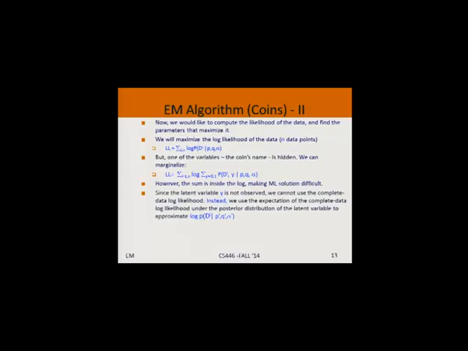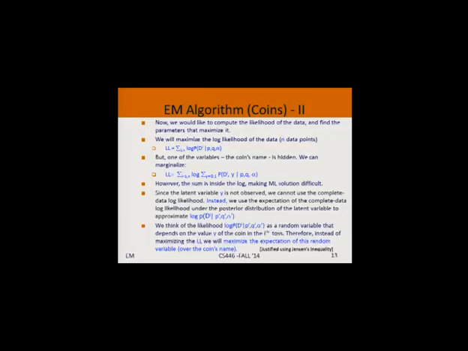Instead, we're going to maximize the expectation of this thing. We think about this expression as a random variable that depends on y, the hidden value. And instead of maximizing the log likelihood, we maximize the expectation of this random variable over the coin's name.